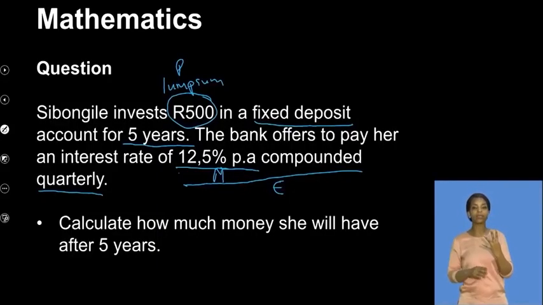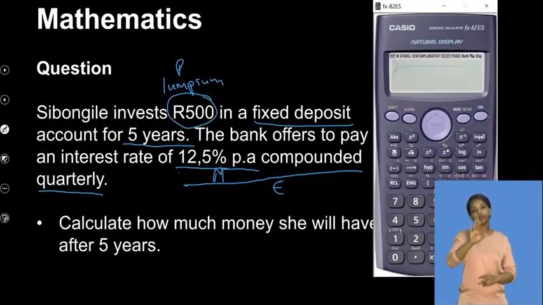Now, if we look at the calculations for this, I have 12.5, and I will divide this by 4, which will give me roughly that amount that I have there. You know that this will roughly be 4 something.